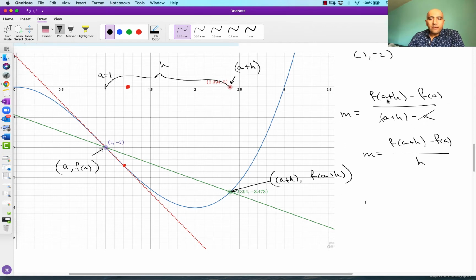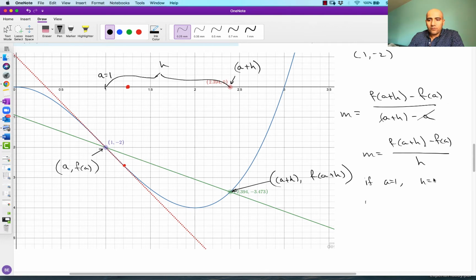So if a is given as a constant in this example, a equals 1, and then h is held to some value as well. Like in here, I could see it's 1.394, right?